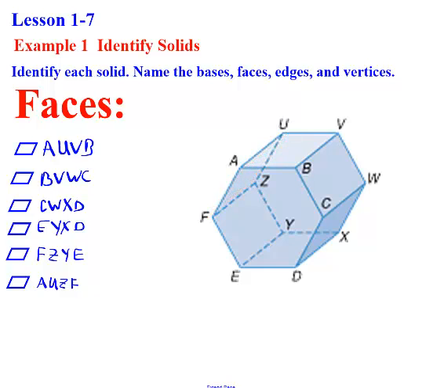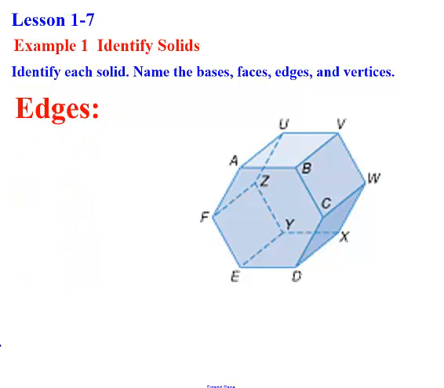Now let's name the edges. First I'm going to name all the edges that make up the front hexagon. So I have line segment AB, line segment BC, line segment CD, line segment DE, line segment EF, and line segment AF. Now I'm going to name all the line segments that make up the back hexagon.